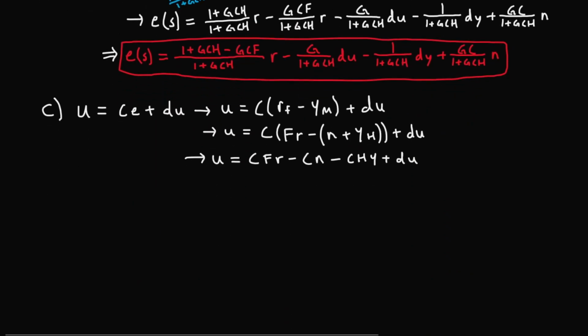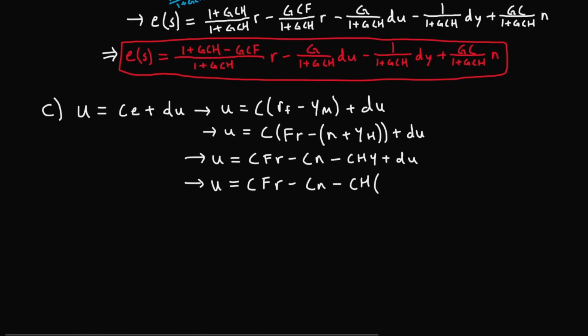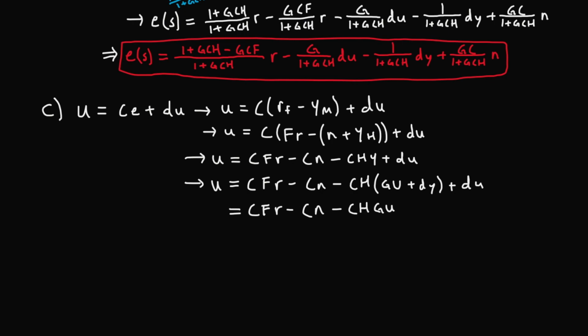So we can go ahead and substitute that in. So hence we have U equals CFR minus CN minus CH times, again, Y prime plus dy, which we can write as GU plus dy, and then plus the du. So simplifying this, we will have CFR minus CN minus CHGU minus CHdy plus du.